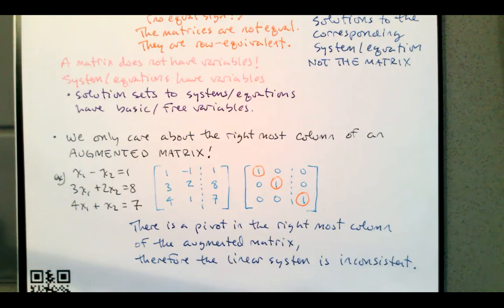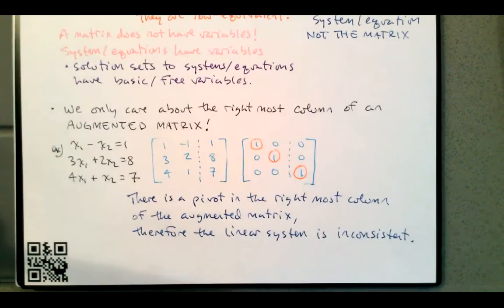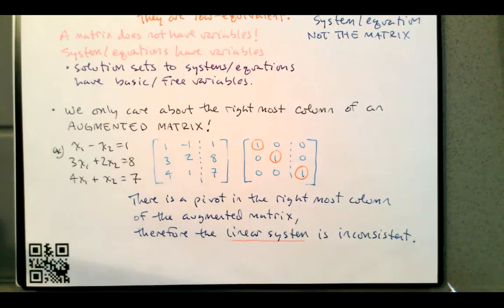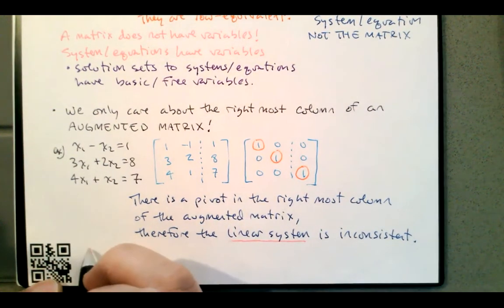A matrix cannot be consistent or inconsistent. A matrix is not an equation. It's not the matrix that's inconsistent. That doesn't make any sense. It's the linear system that's inconsistent, not the matrix.